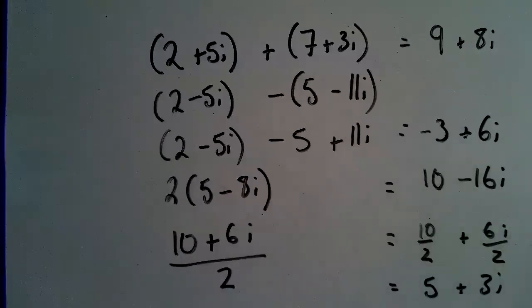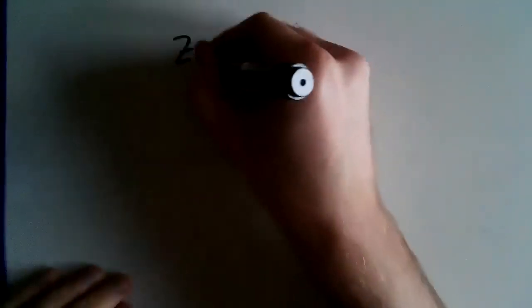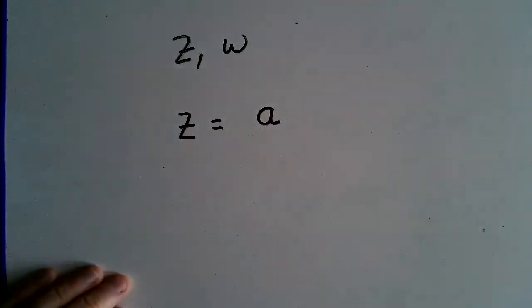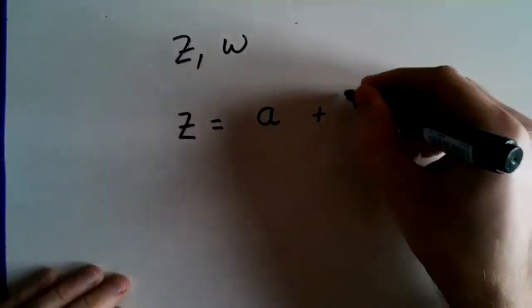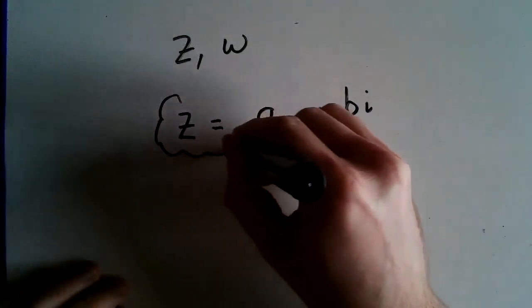Now normally when we talk about numbers in algebra, we tend to use x's and y's or a's and b's. When we talk about complex numbers, we tend to write them as z or w, letters like that. And we tend to write the two different parts of it as the real part, which we normally call a, and the imaginary part, which we normally call b i.